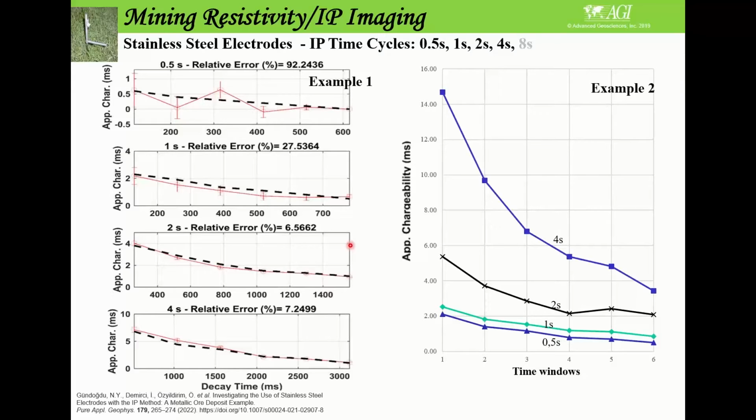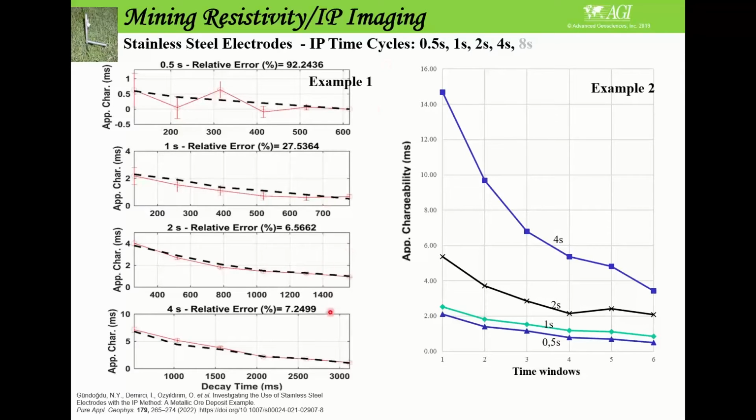That metallic polarization effect reduces your signal, especially when you have weak chargeabilities, and you really end up losing it because the polarization effect is higher than your signal. But you can improve that in different ways.